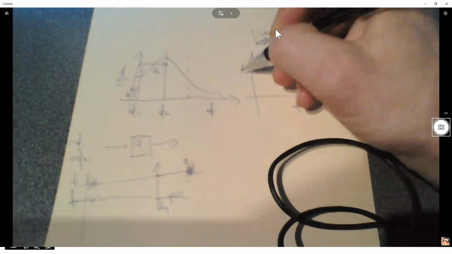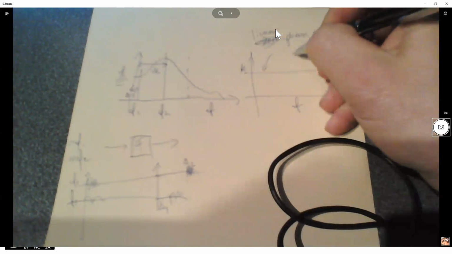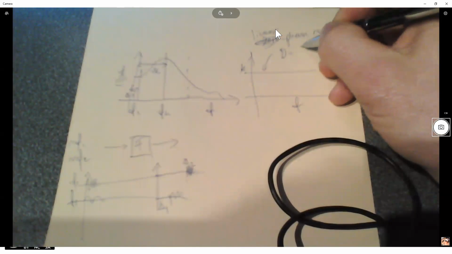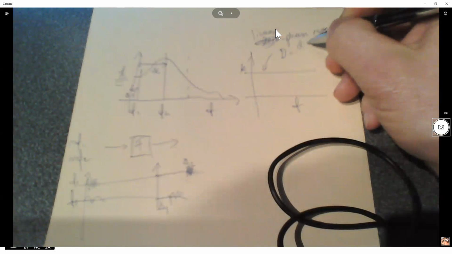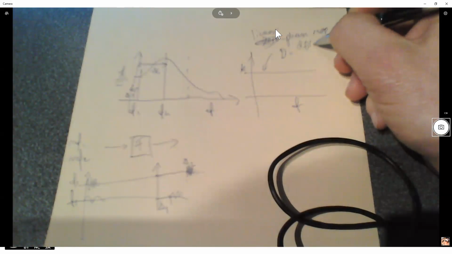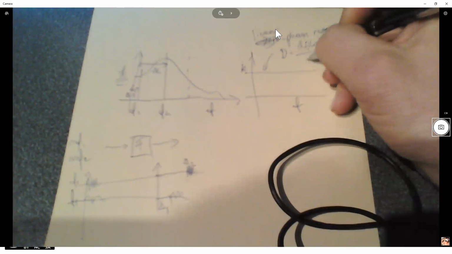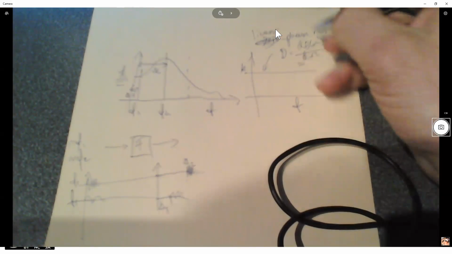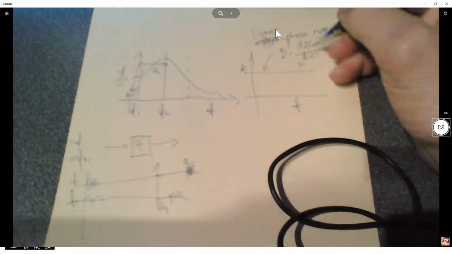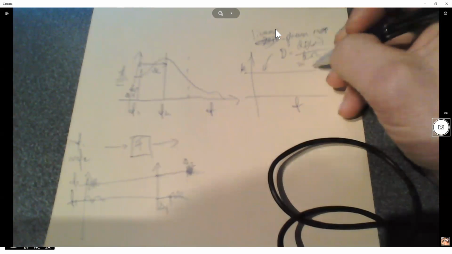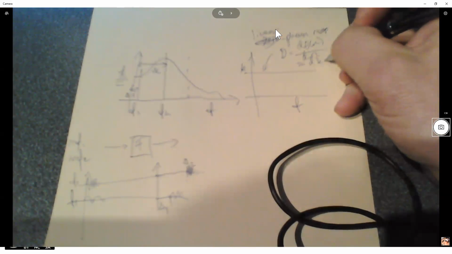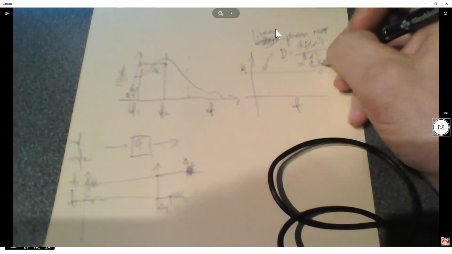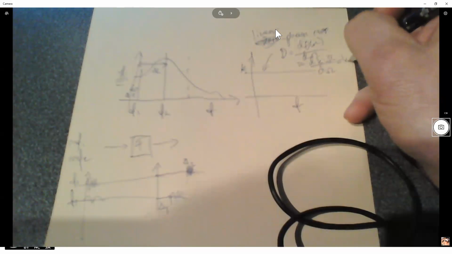Remember, the group delay is the frequency derivative of the phase response, and here the phase response was k times omega for linear phase, and that's simply k.